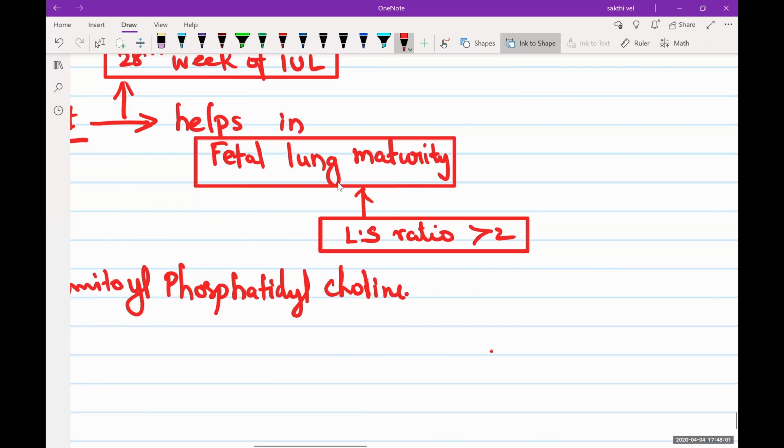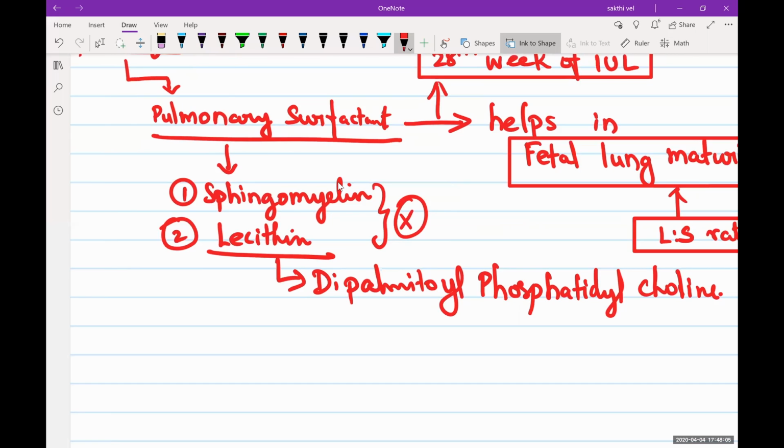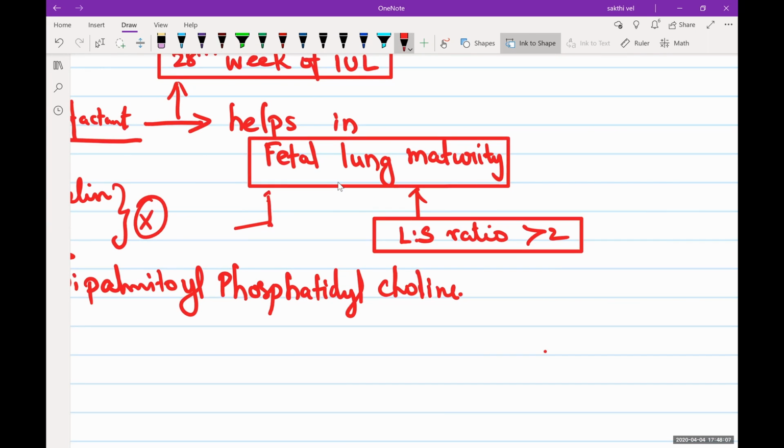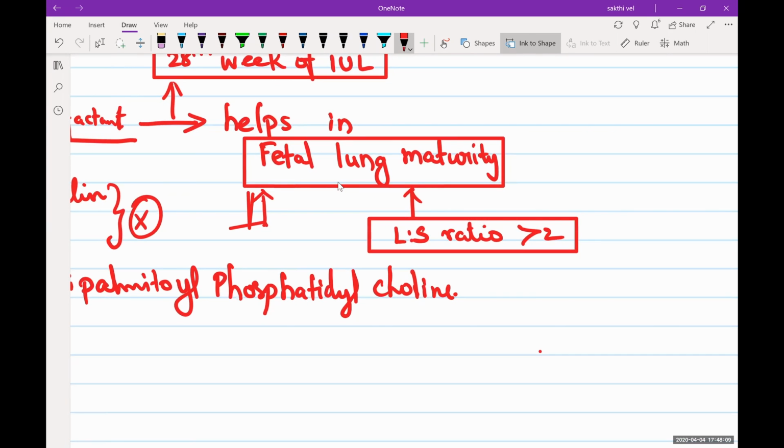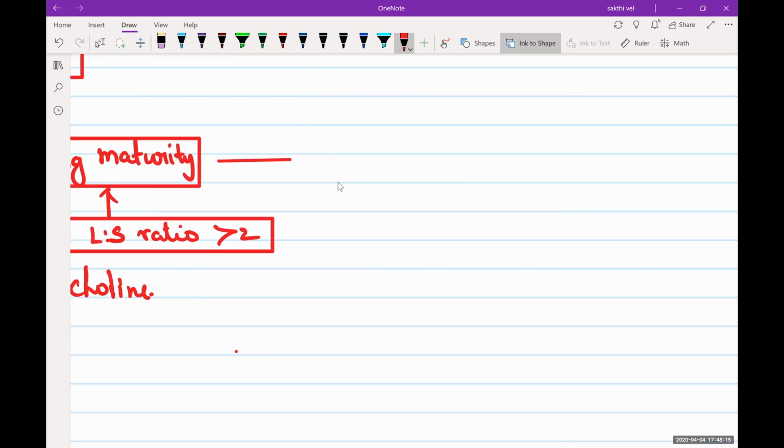If there is no lecithin or no sphingomyelin, there is no pulmonary surfactant. When there is no pulmonary surfactant, there won't be any fetal lung maturity. Then the fetus will develop NRDS, neonatal respiratory distress syndrome.